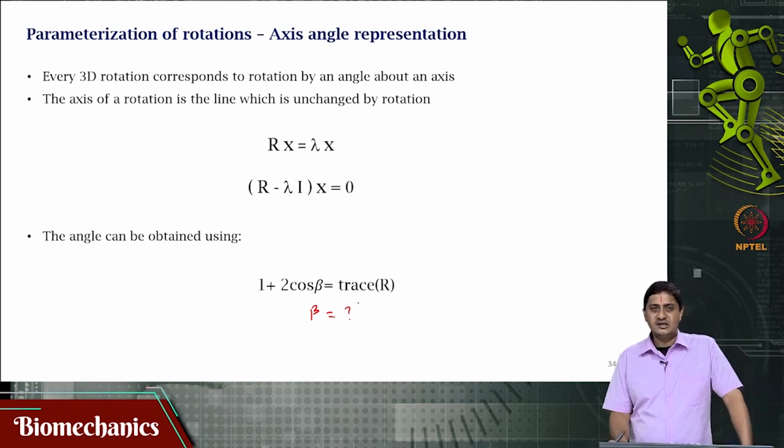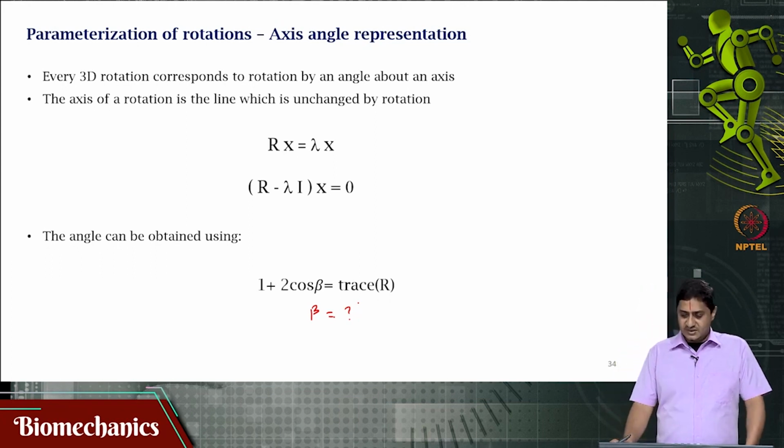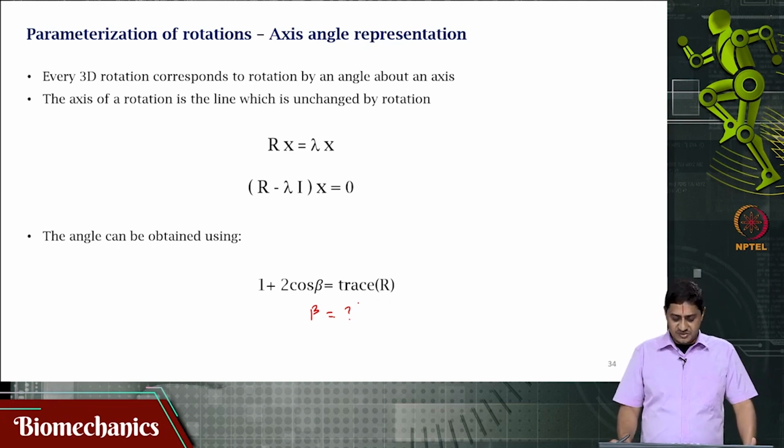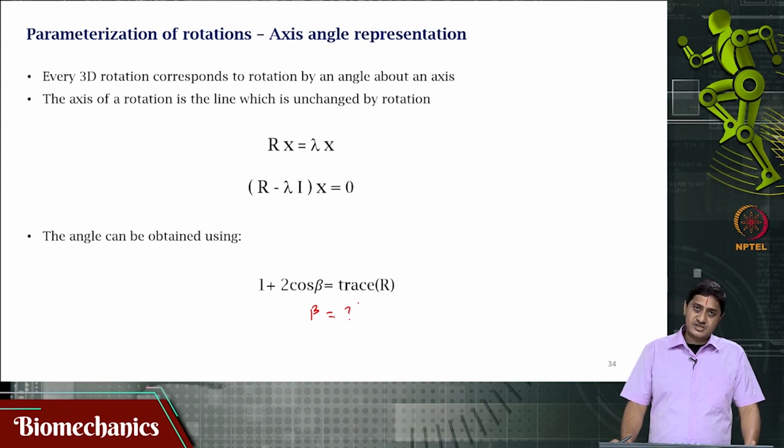That is not really too difficult to find. So, if you have the rotation matrix, find the trace of that matrix. The trace of that matrix is 1 + 2 cos β, and find the value of β from this relationship. That is the relationship between the angle of rotation and the rotation matrix.